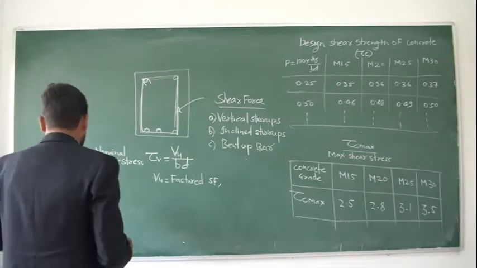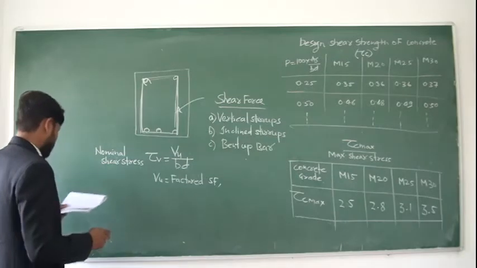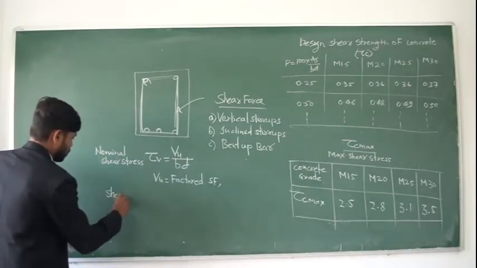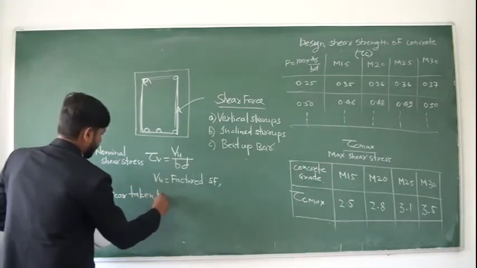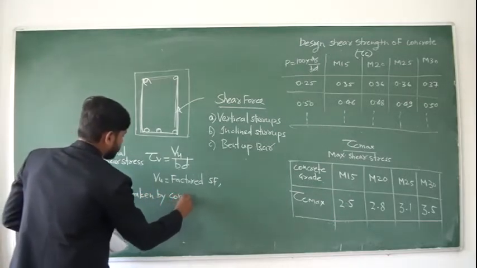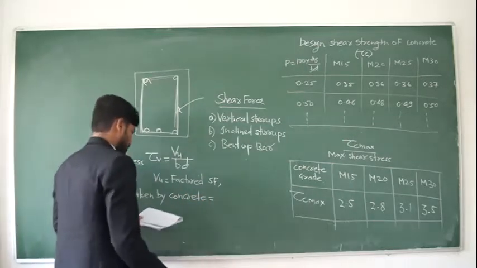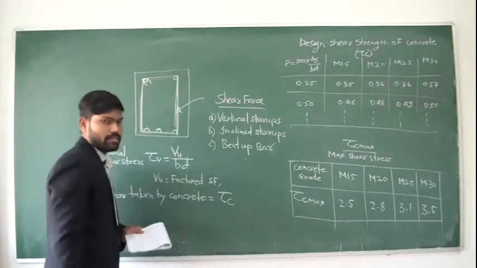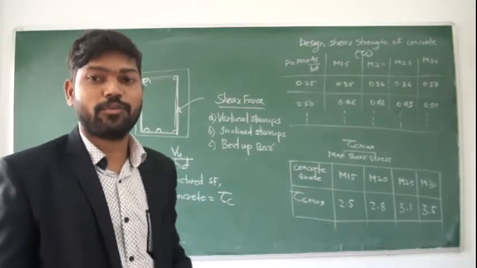Now the shear taken by the concrete is given as tau c.